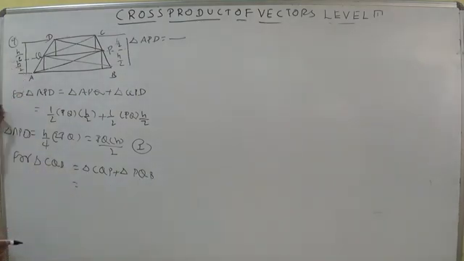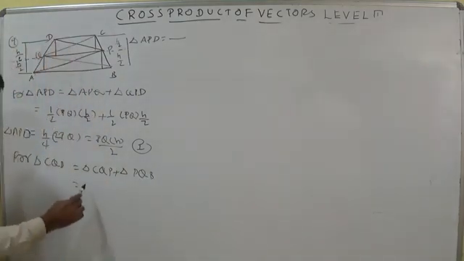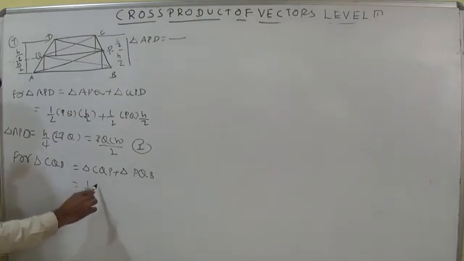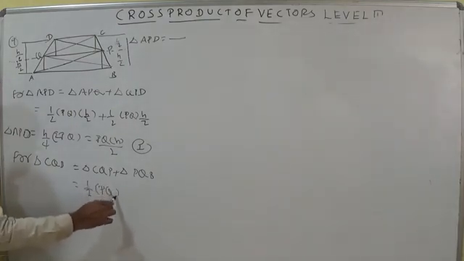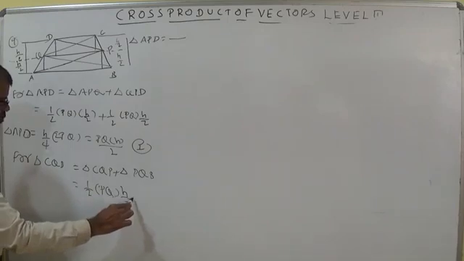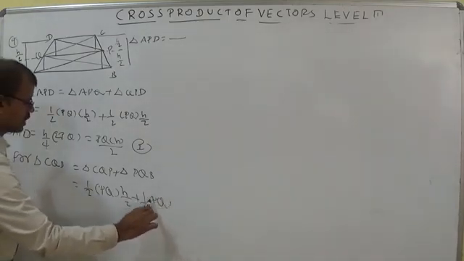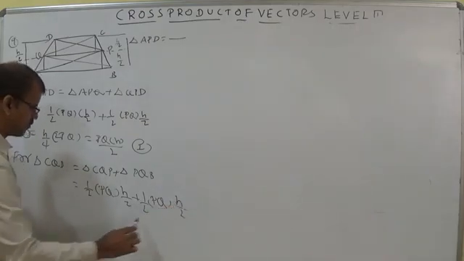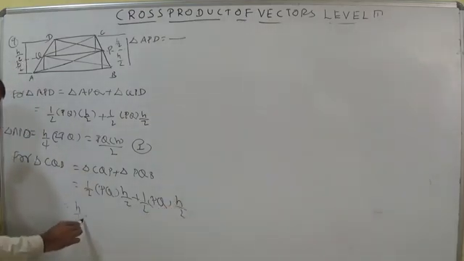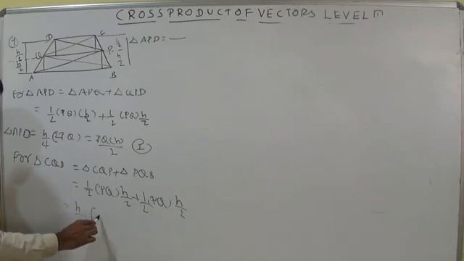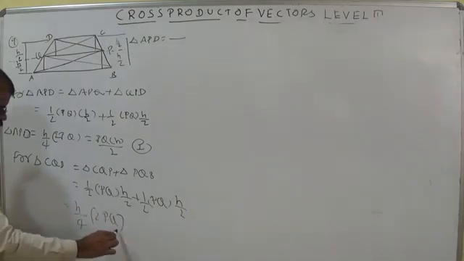What is delta CQB? Same base, same height. So you can say here 1 by 2 into PQ into the value h by 2, plus 1 by 2 into the same base PQ and the value h by 2. So you take common h by 4, PQ plus PQ becomes 2PQ.